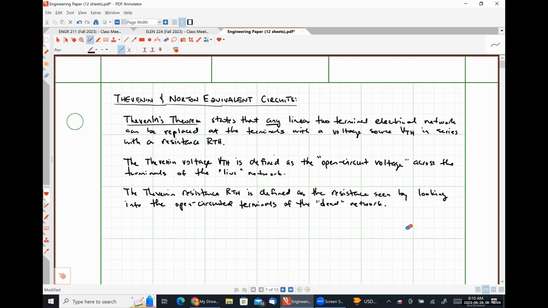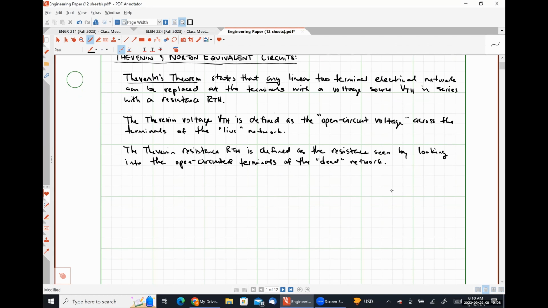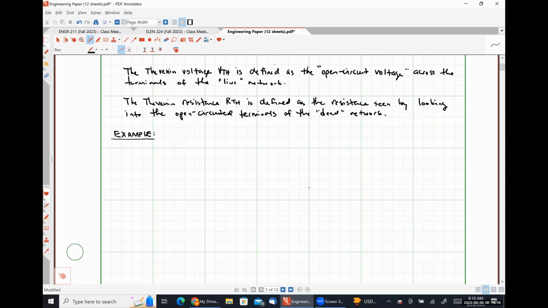So let's unpack what this means by working an example. So this will be our network of interest.